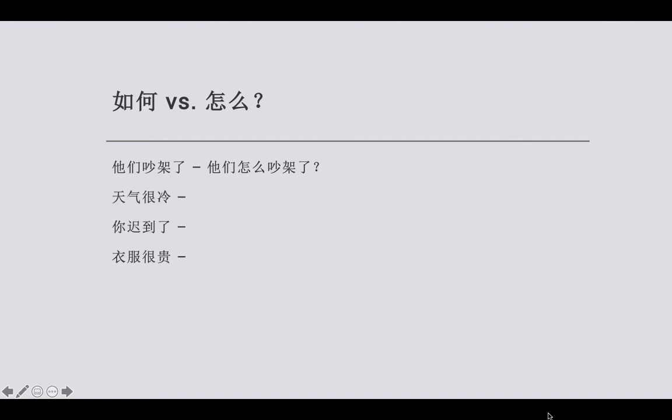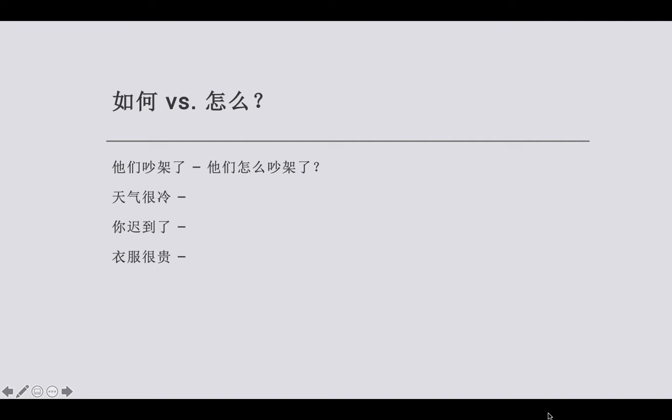天气很冷。The weather is really cold. 天气 weather, 很 very, 冷 cold. Before you compose your own sentence, try to think it in English when you say the weather is really cold.